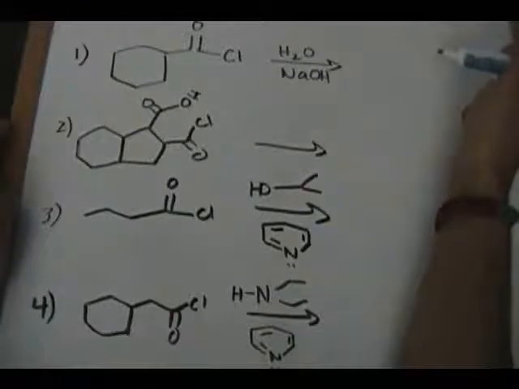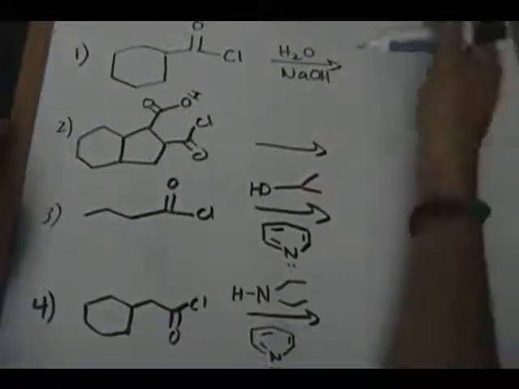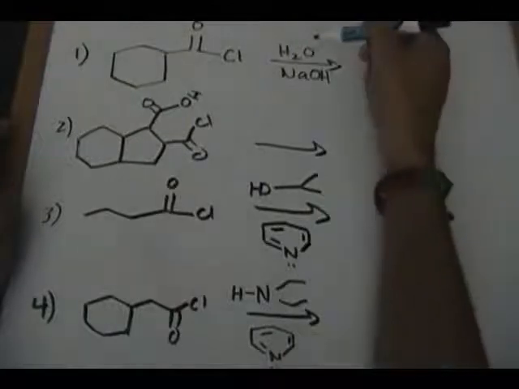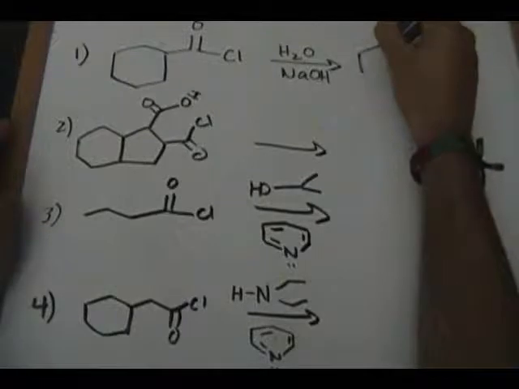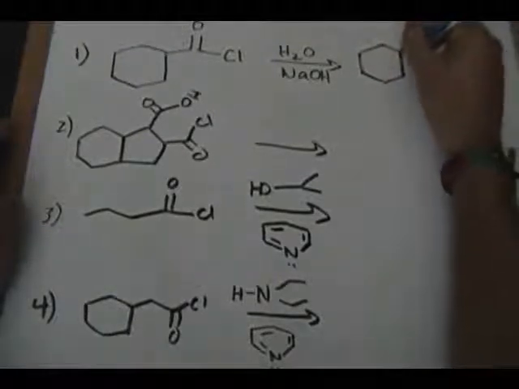We generate HCl as a byproduct, but the base removes it out of solution so no side reactions occur. All we have to do is replace the chlorine with an OH group. So our product will look like that. We have a carboxylic acid.